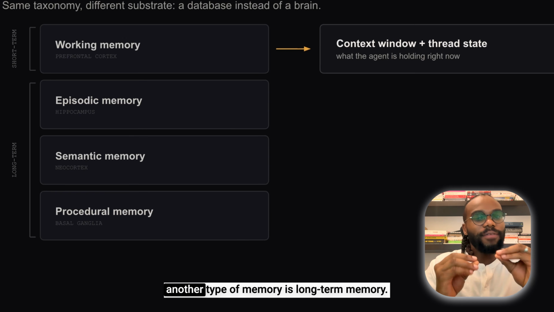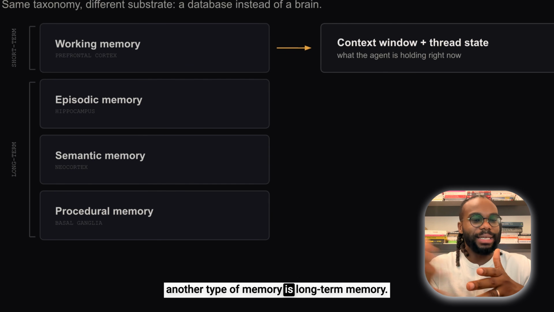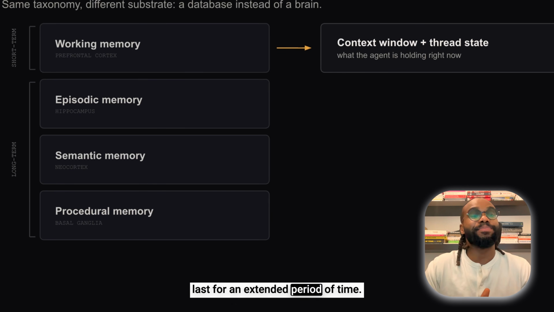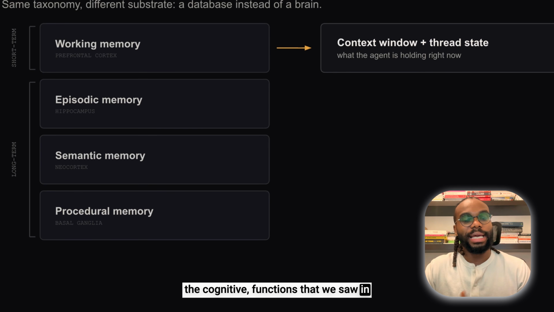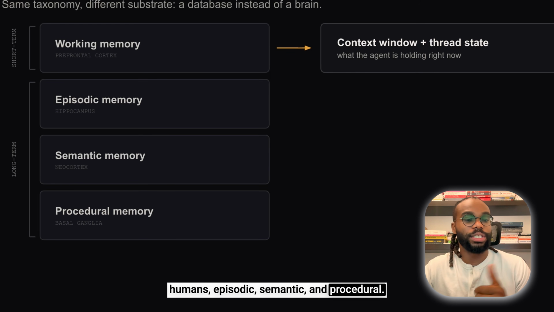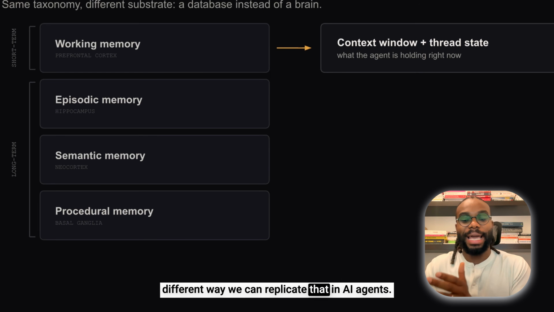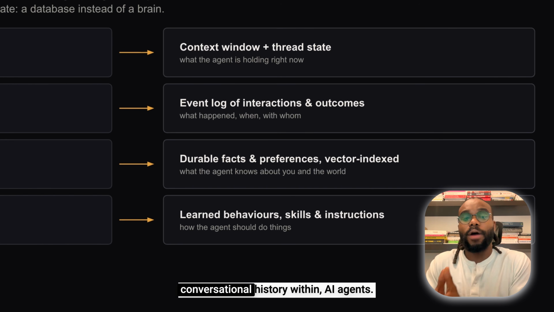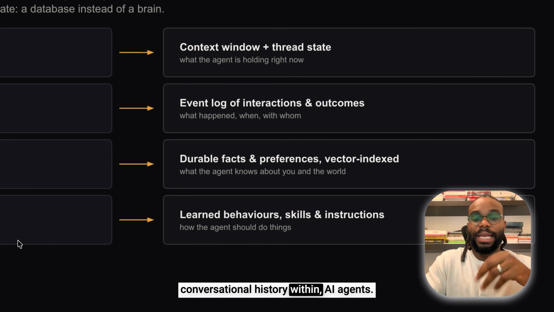Then another type of memory is long-term memory. This is memory that is meant to last for an extended period of time. There are different ways you can represent the cognitive functions that we saw in humans, episodic, semantic, and procedural, and we can replicate those in AI agents. For example, episodic memory is basically conversational history within AI agents.